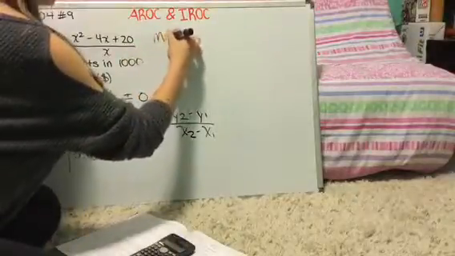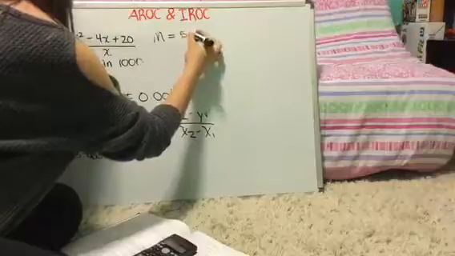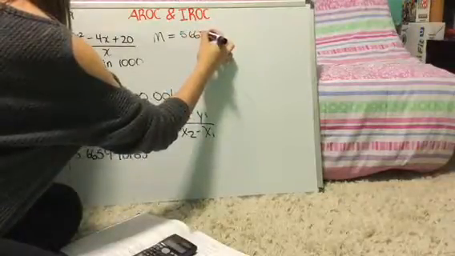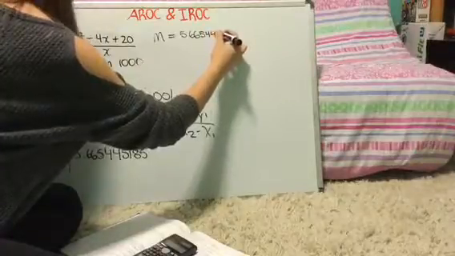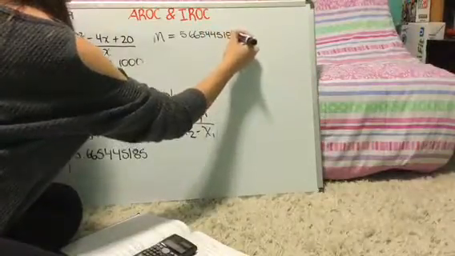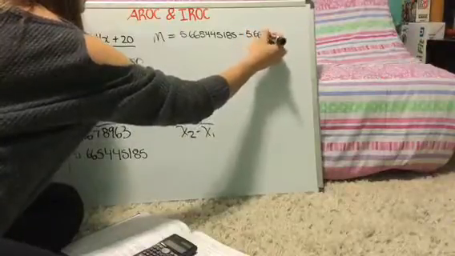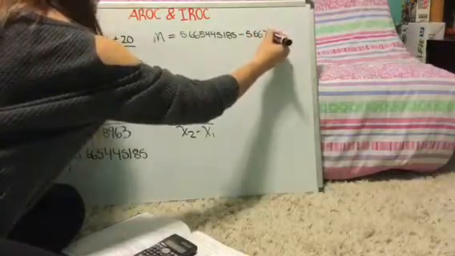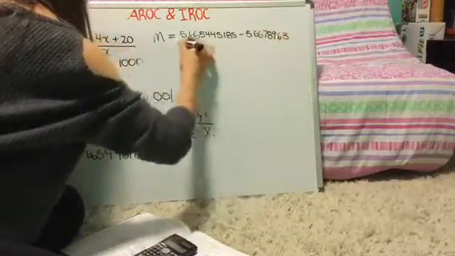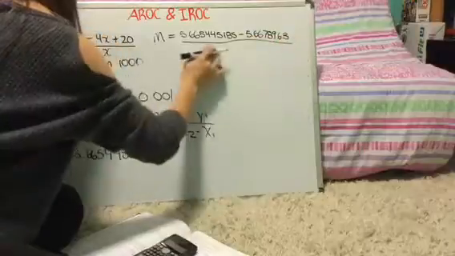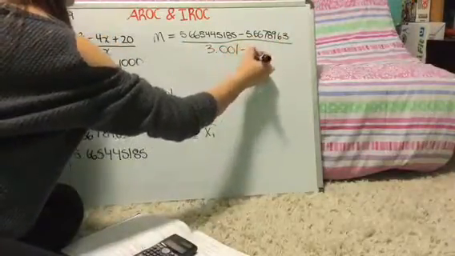We have m, which represents slope, equals 5.665445185 subtract 5.667893, all over 3.001 minus 2.999.